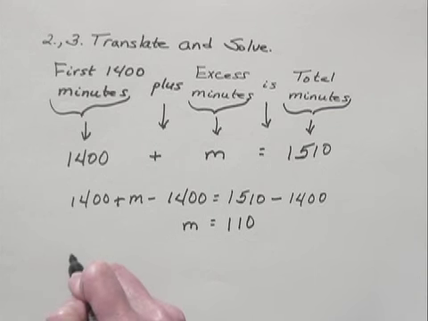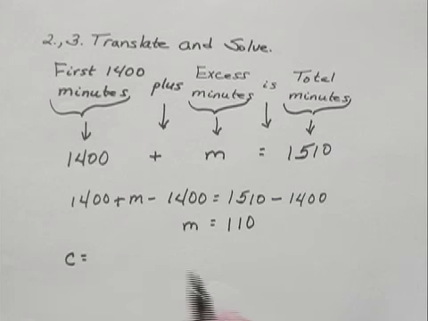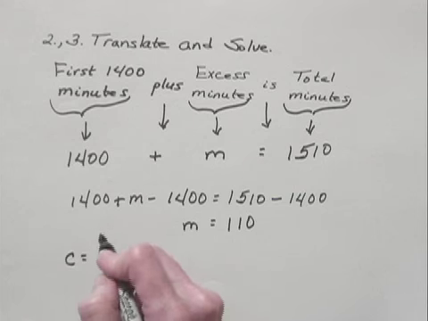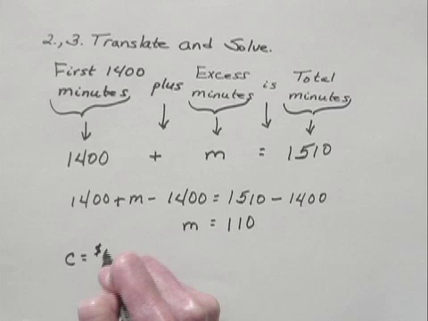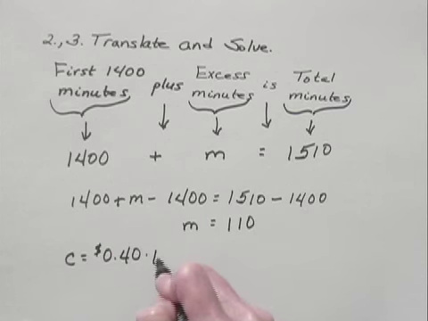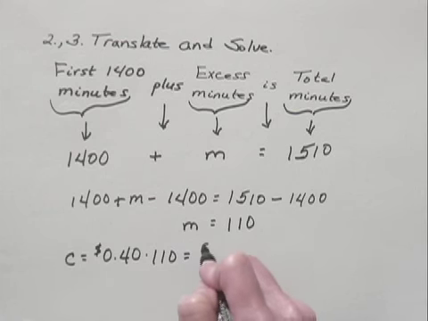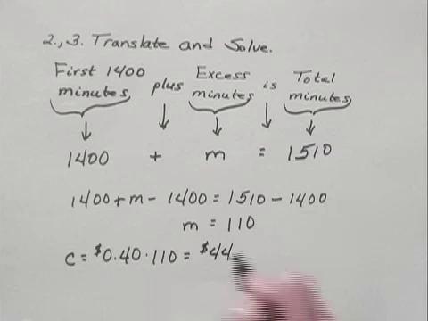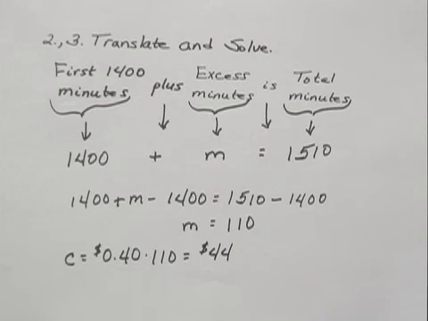So we can say that C, the cost of the excess minutes, is equal to 40 cents per minute times the number of minutes, which is 110. And when we do that multiplication, we get $44. Now we need to find the total cost of the phone bill.